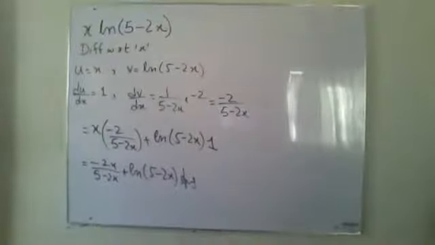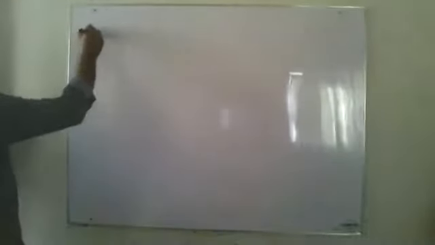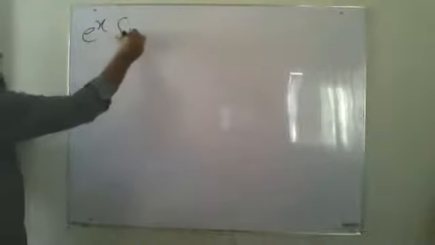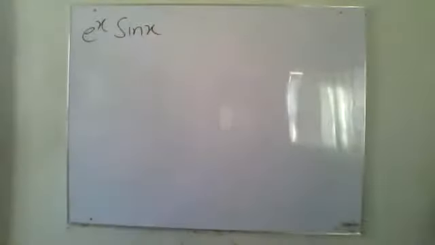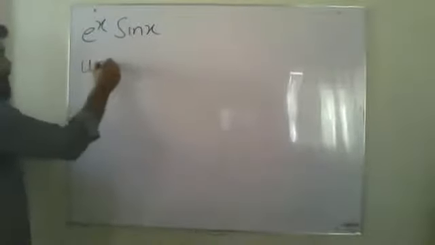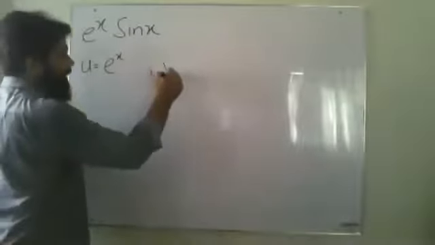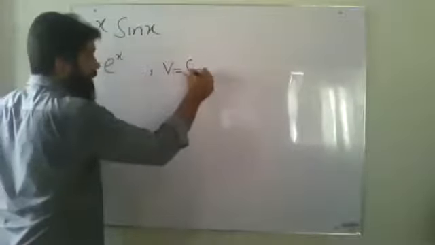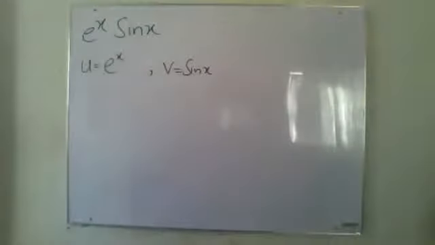Okay, any confusion, anything? Now an exponential question of algebraic one in product form, e^x into sin x. e to the power x multiplied by sin x. Again, there are two functions and they are in the product form. So what we are going to do, we will be writing them separately. u equals e to the power x and v equals sin x. We are starting with differentiation. I'm not writing it again and again.